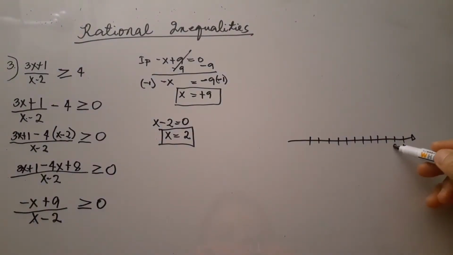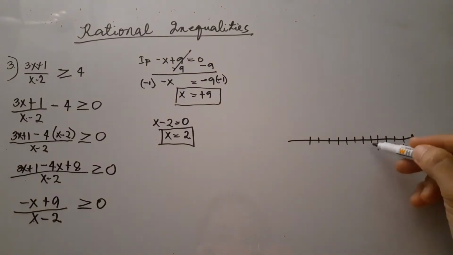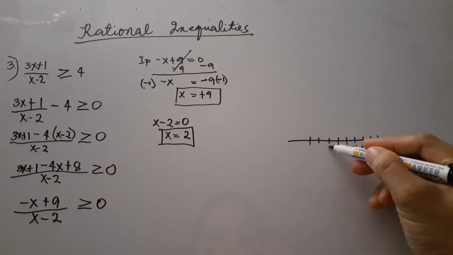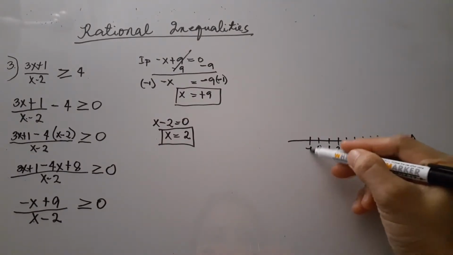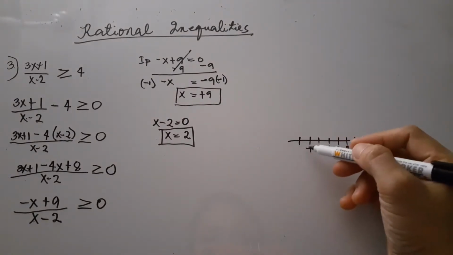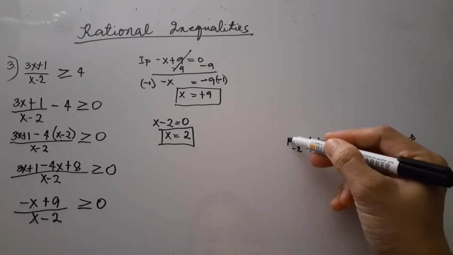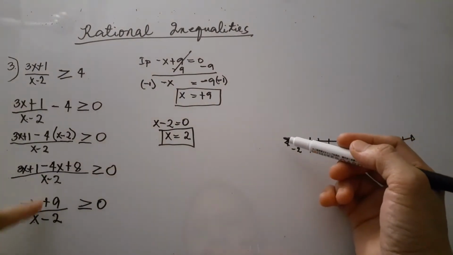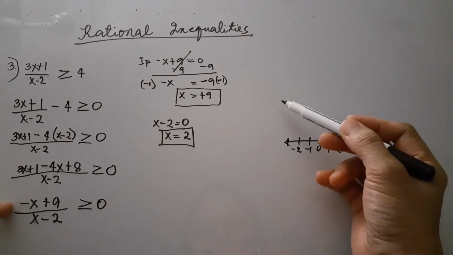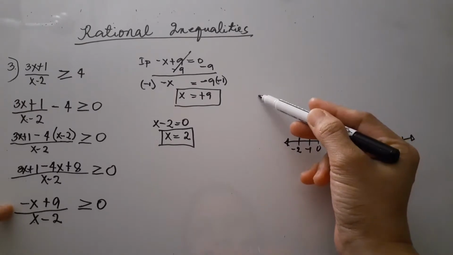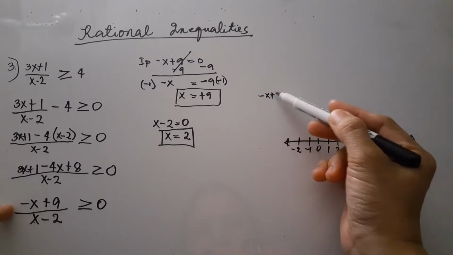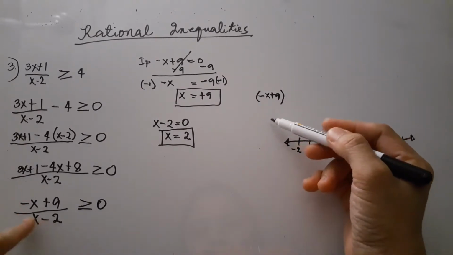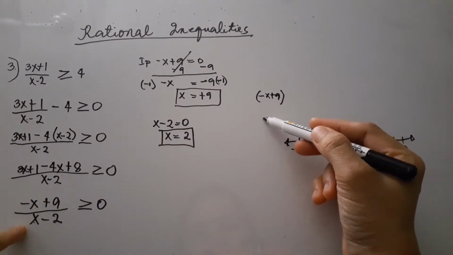So we can see 10, 9, 8, 7, 6, 5, 4, 3, 2, 1, 0, negative 1, and negative 2. So in this interval notation, the sign is negative infinity. We need to put first each factor. So we have negative x + 9 here, and then x - 2.